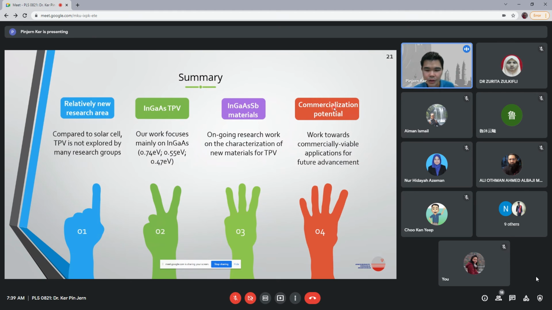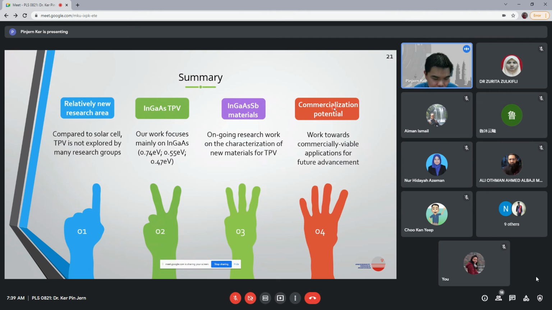Certainly, to commercialize the product, we started off in the introductory slide saying that it is 30 years later or slower than solar cell. If solar cell has been the king in the last 2 decades, I would say that probably in the next 20 to 30 years, hopefully we'll see TPV be there if we can work towards commercially viable applications.